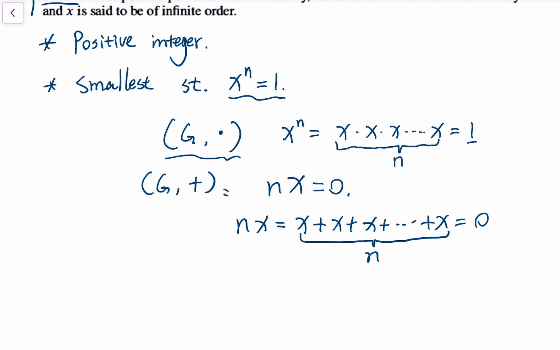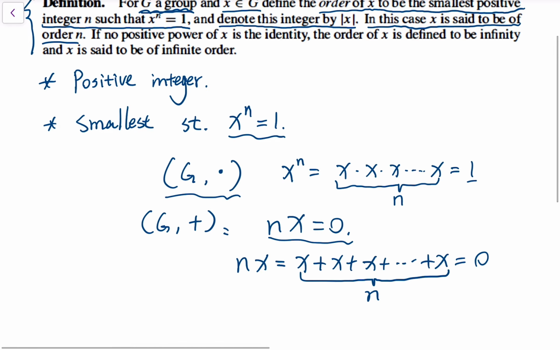So you can see the property will have a different form if you have different operations in a group, but the idea is the same. You just have multiple elements in the operation, and you do the operation n minus 1 times, then the result equals the identity element in the group.